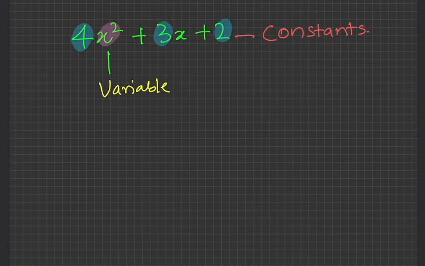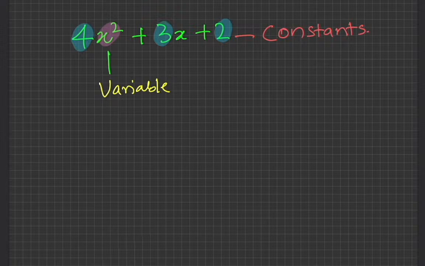So basically, a constant is what we are familiar with in arithmetic, and what is generalized in algebra is the unknown values that we have to find, and together they make an algebraic expression. So let's say that this is an algebraic expression, 4x squared plus 3x plus 2, because you can see that it is basically terms that are separated by the plus sign here.